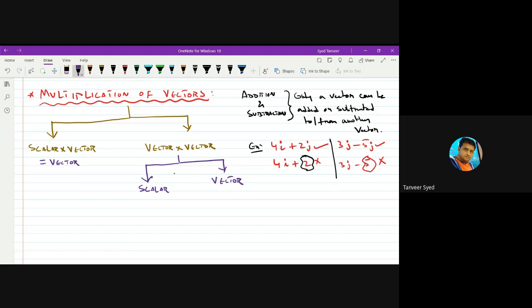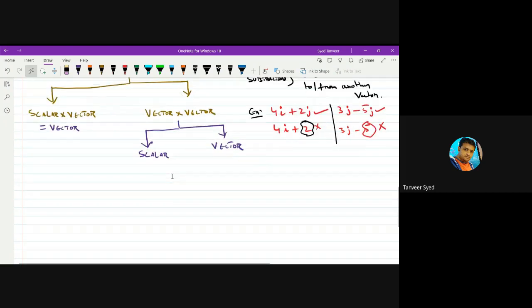So one method of multiplication will give you a scalar as a product, and another method of multiplication gives you a vector as a product. And we have two names for these two types of multiplications. If the product of two vectors is a scalar quantity, then you call it scalar product.